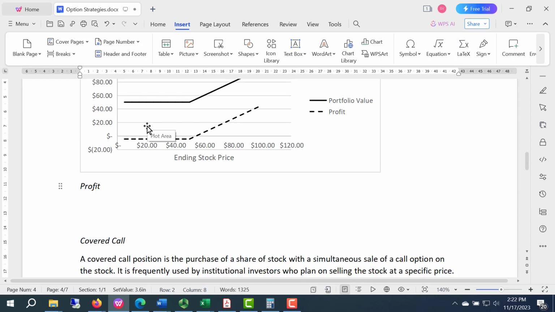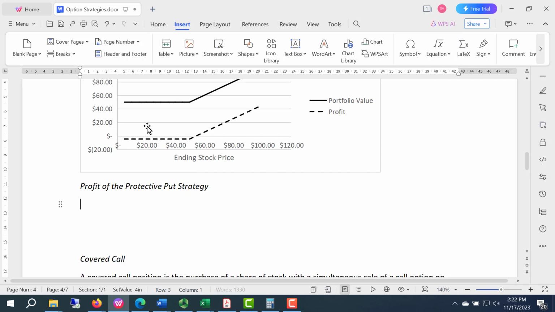The profit of the protective put strategy: we're going to say that our initial cost is $50 in this case for the stock. That's what it costs at time 0. And $4.60 for the put option.